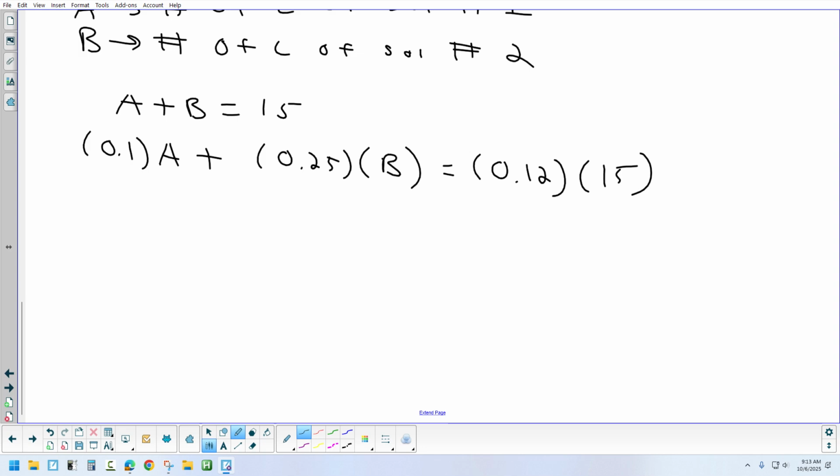Let's take the second one and simplify what we can. So 0.1 times A, we'll just call that 0.1A. 0.25 times B is 0.25B. Okay, and the right-hand side, we can do that out. That's just a calculation we can type in. 0.12 times 15.